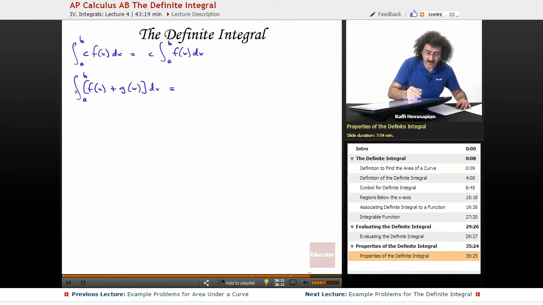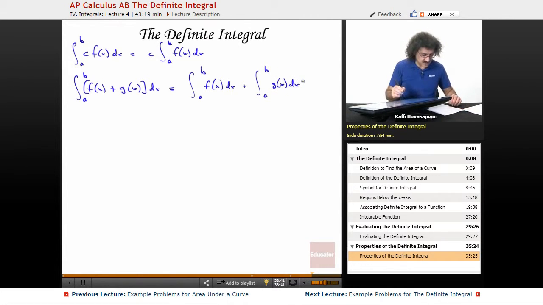In other words, the integral sign distributes over both. The integral from a to b of f of x dx plus the integral from a to b of g of x dx.